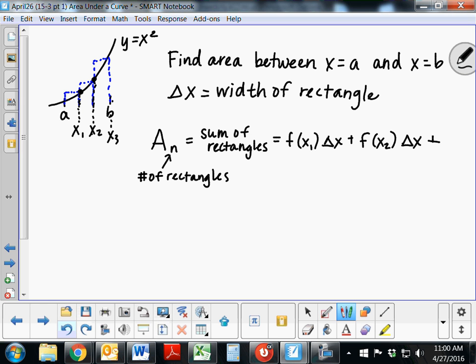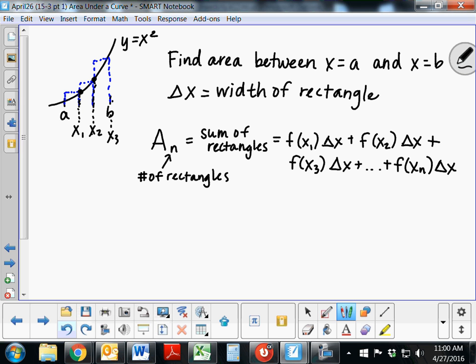And I'd have to add on the next one times its width. And I'd have to keep doing this over and over and over again until I get to the last one. We're going to call the last one x sub n, meaning the nth rectangle, since n stands for the number of rectangles that I want to do.